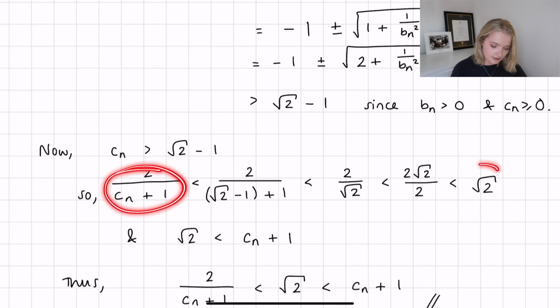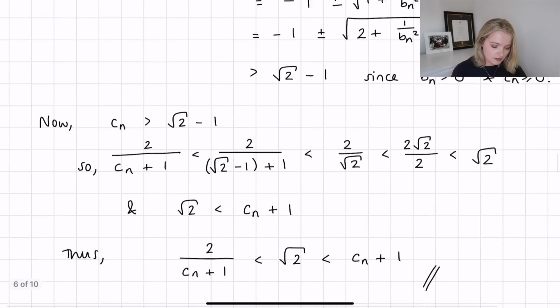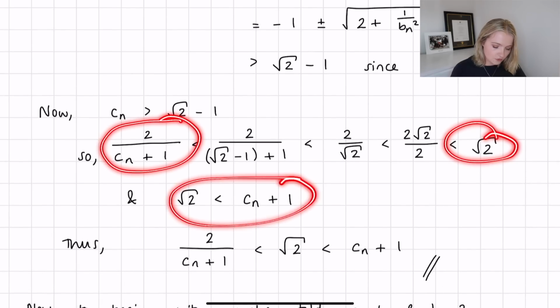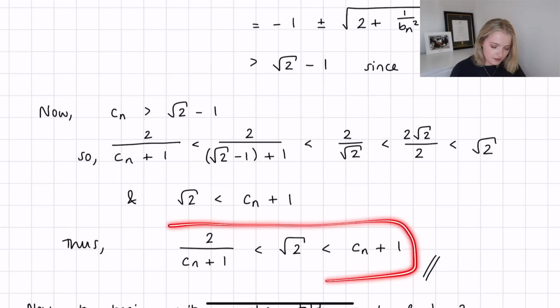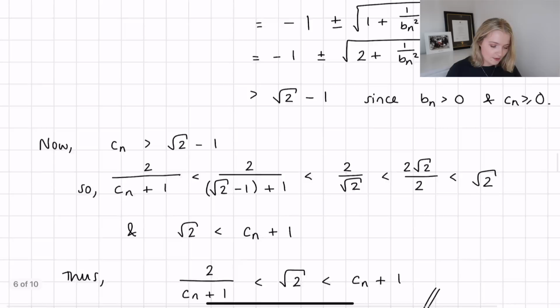But we also know from this here, just by rewriting, that root 2 is less than Cn plus 1, and so we can essentially use the fact that this holds and that this holds to write that these inequalities here hold. And there, we answer that part of the question.